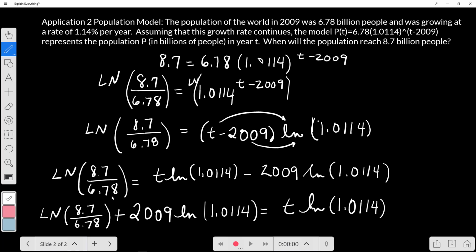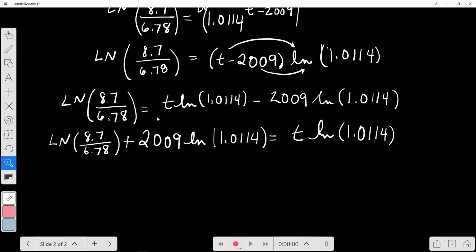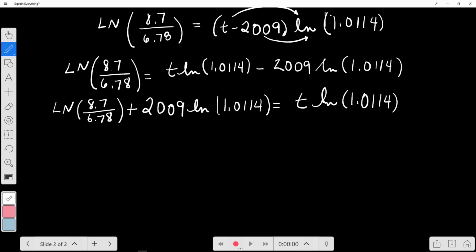Let's see if it'll let me move this a little bit. Oh yeah, there we go. Alright, and then we're pretty much home free, because now we would divide off the ln of 1.0114.